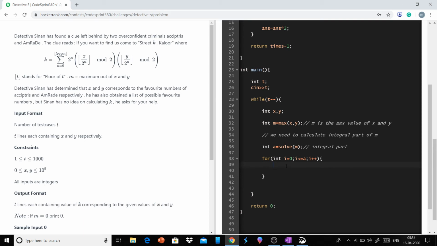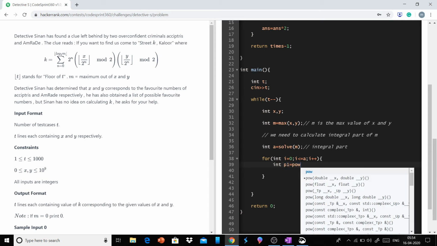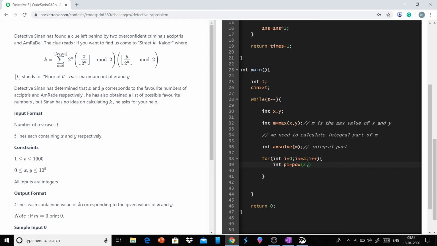So I will declare an integer p1, which will be the power of 2 comma i. For easy understanding, let me replace i by n only, because in the question it is mentioned as n.